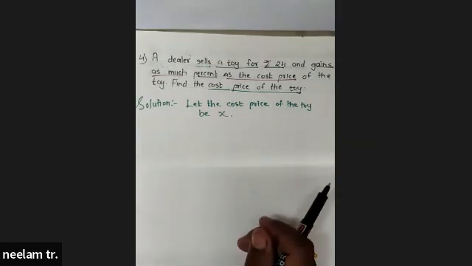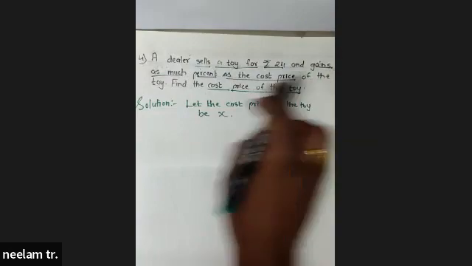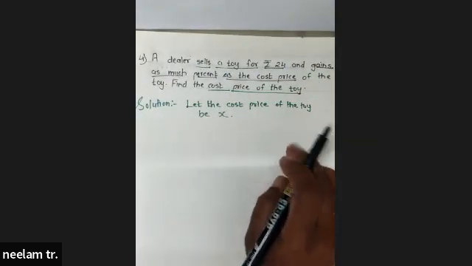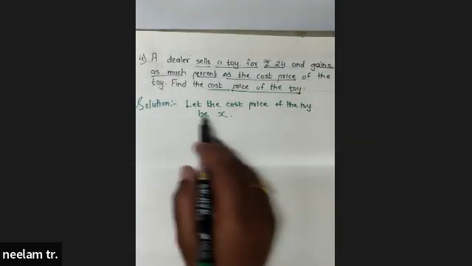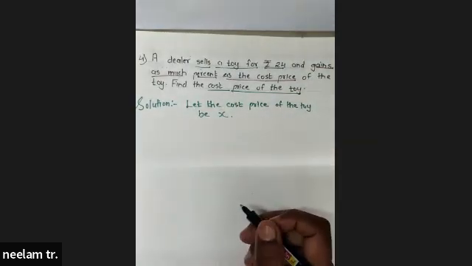So how are you going to write the gain? You'll write this whole statement. Students, even though you don't know how to solve the problem, if you write this statement and write this X and all, you'll get half marks.